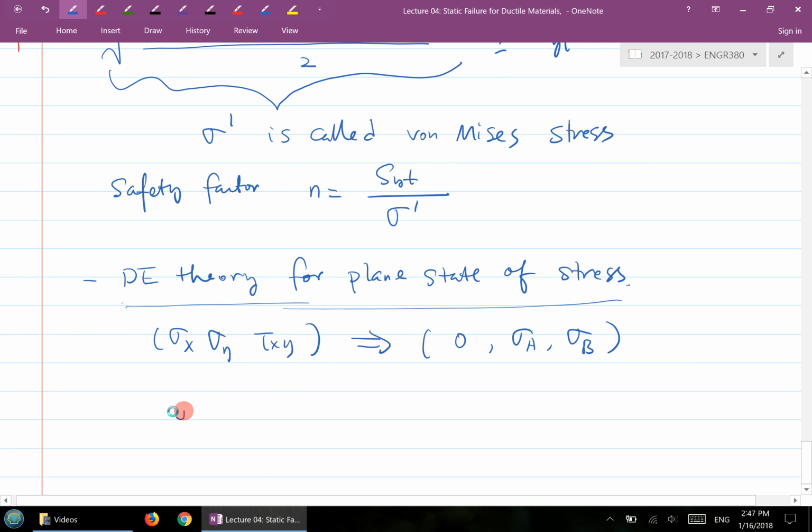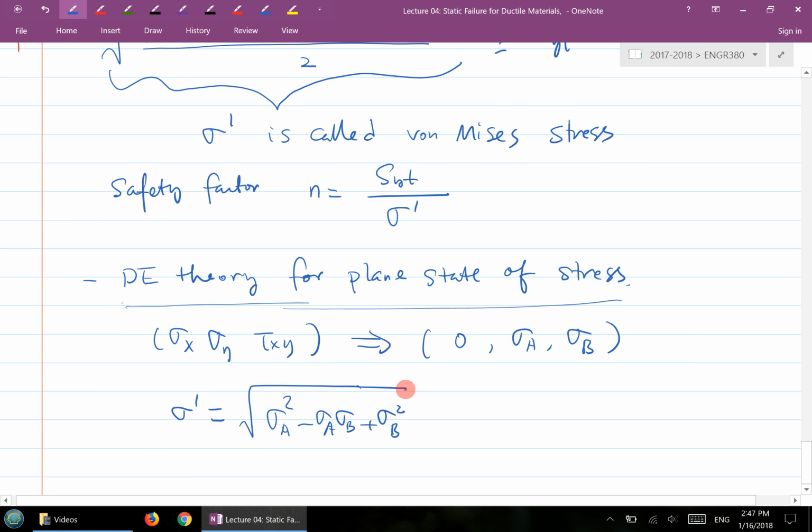All of the results will give you the same value for sigma prime, which is always this one right here.